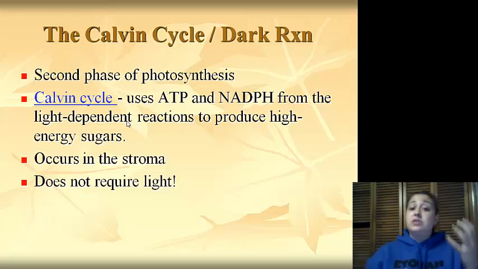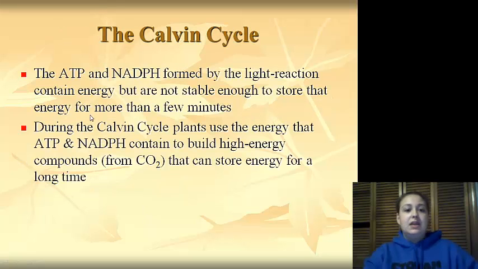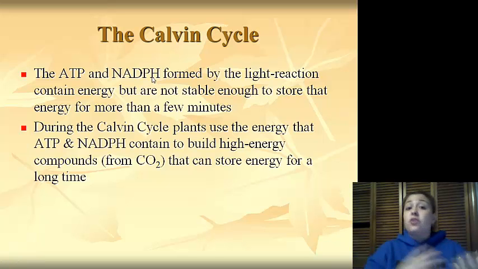The Calvin cycle uses those ATPs and NADPH created from the light reaction to create sugars. It occurs in the stroma of the chloroplast and does not require light. Again, ATP and NADPH, these high energy molecules, are not stable enough to store for a long term.